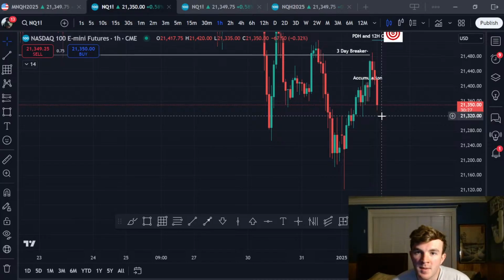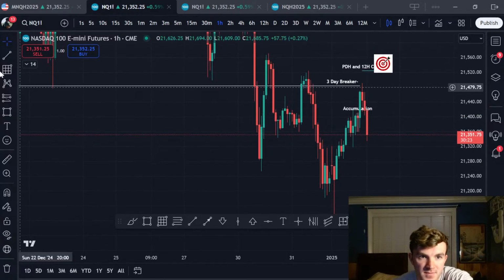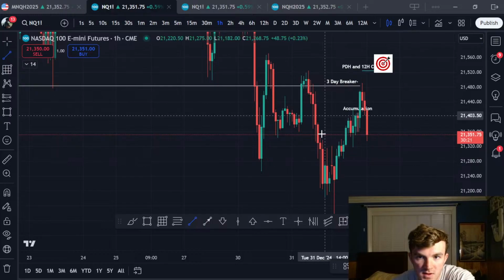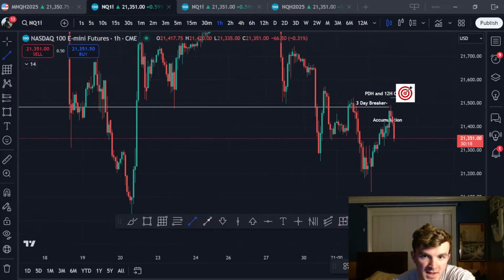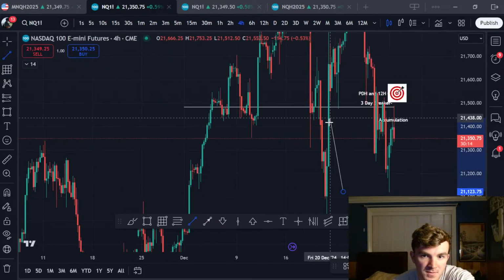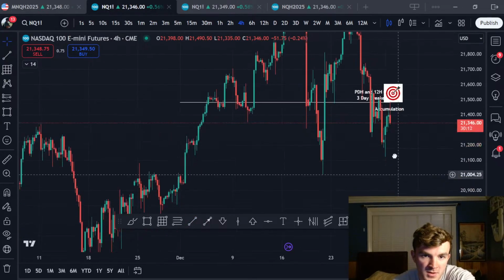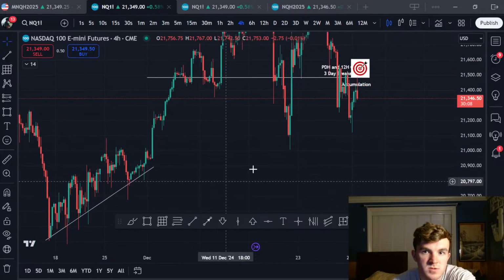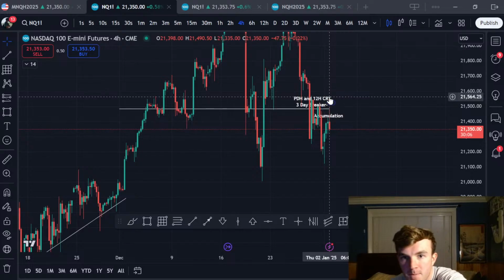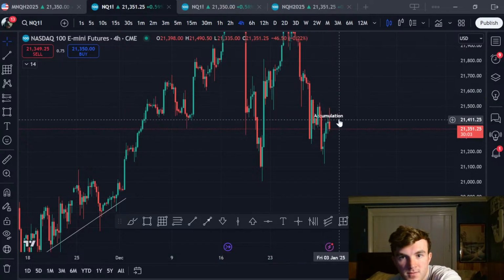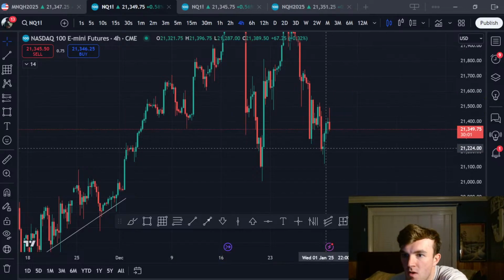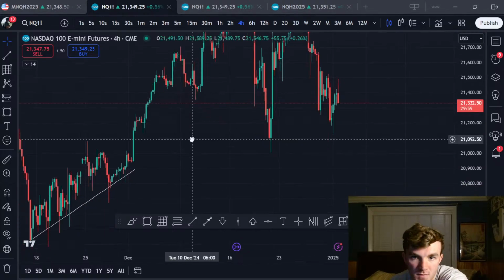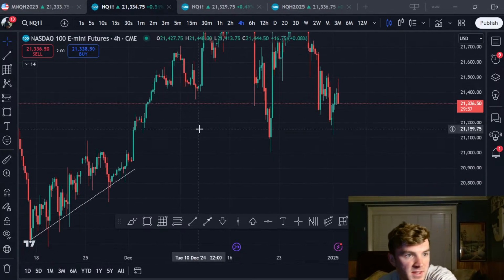Yeah, what could end up happening is this could become a 1 hour breaker here. And then, like I've been saying, we have good LRLR below. The market wants to go lower. Yeah, look at that. Wow.